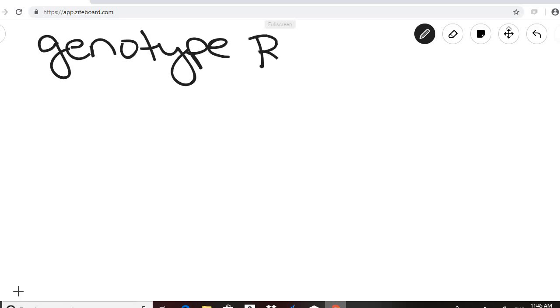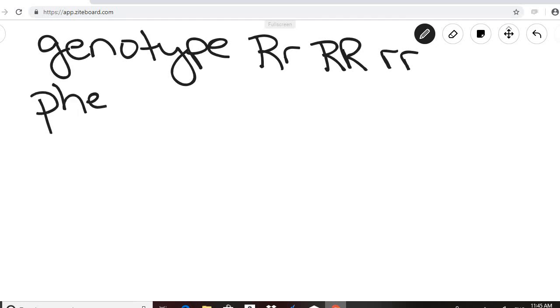It might look like this, or like this, or like this. And then we talked about phenotypes, which are the actual observable characteristic or trait that is based on the genotype that you have.